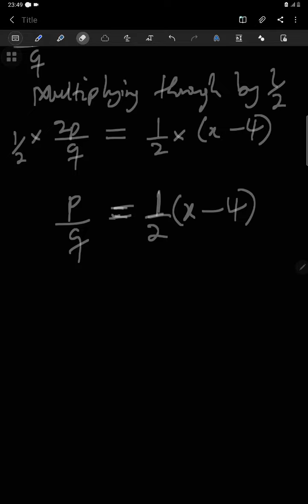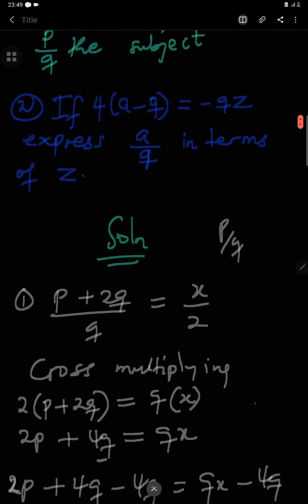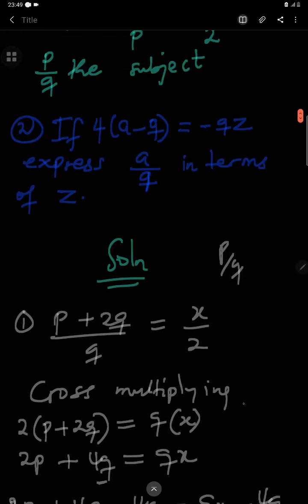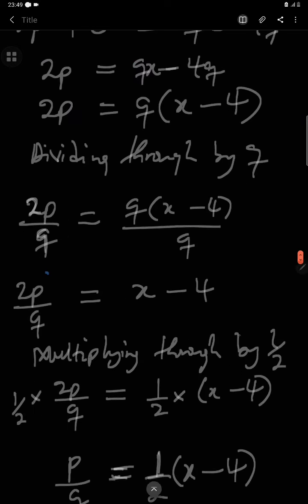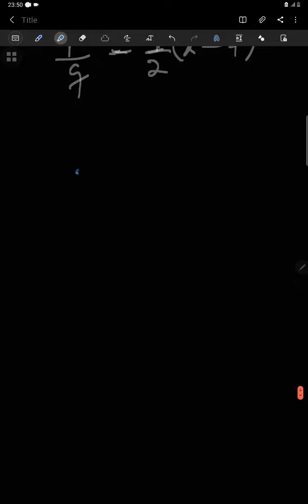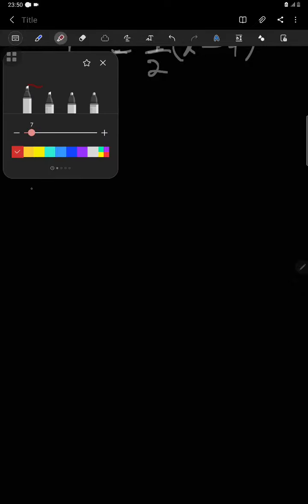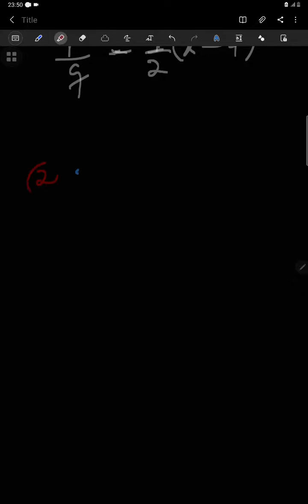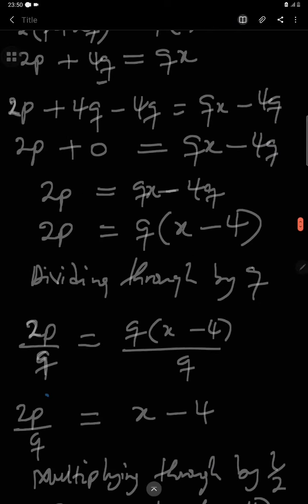Let me leave you to do the second one, friends. Try this for me. I'll put down the final answer so that you can work around it. Let me go to the question and check what they want us to do.